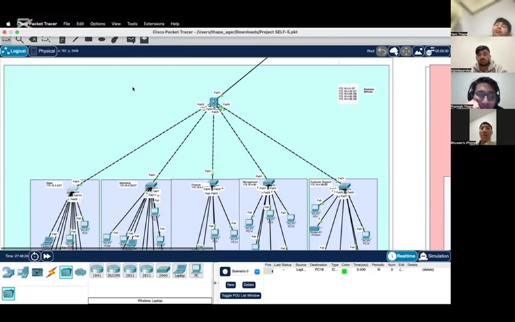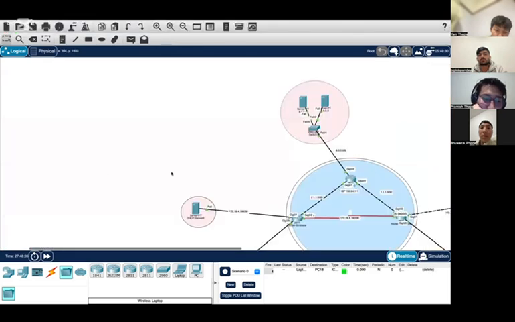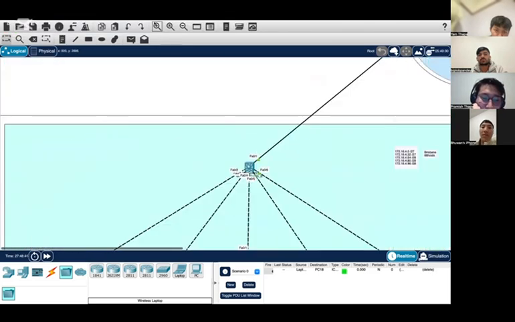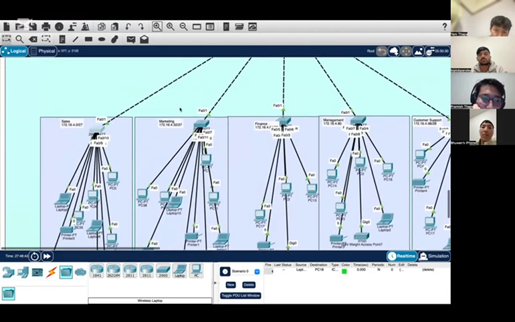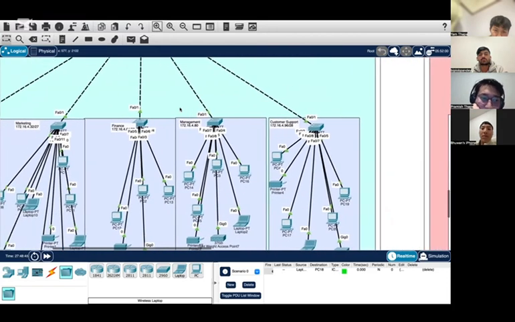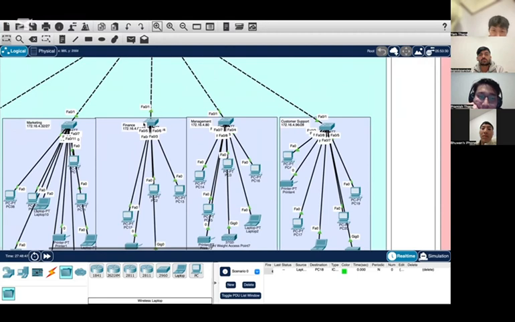So we'll be using VLSM to assign a different number of IP addresses to each department. As you can see here, in customer service we are using /28, but in marketing we are using /27, because marketing will have more users. In customer service it is /28 because we want to preserve our IP addresses.